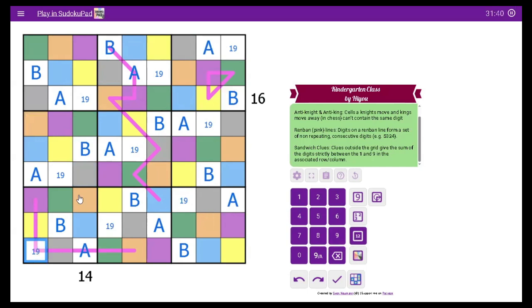Okay. Now, this is where the sandwich clues, 30 minutes into the video, are going to come in and have a role here. Remember, this is the sum of the digits between the 1 and the 9. 14, 16. So let's take a look at where the other 1-9 in this column.